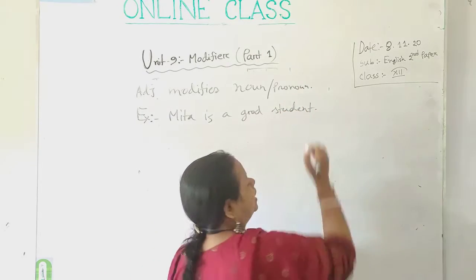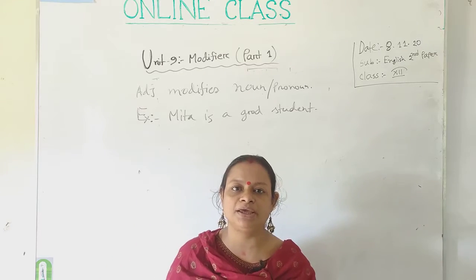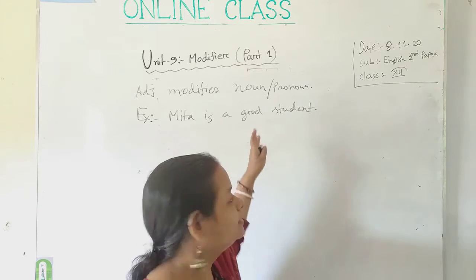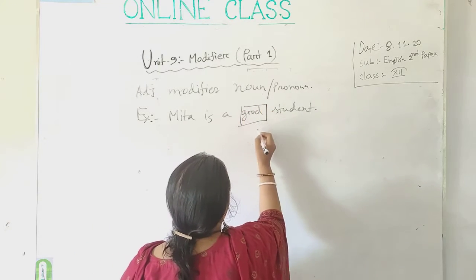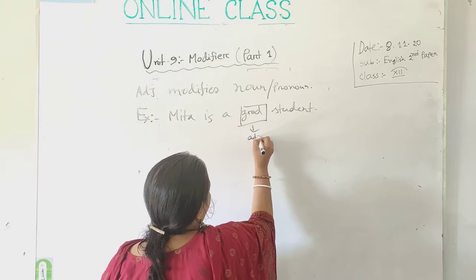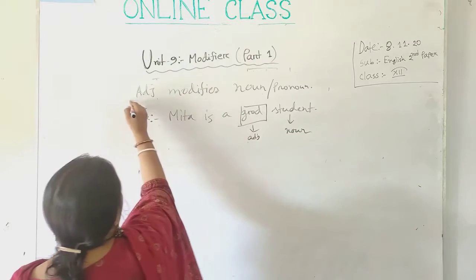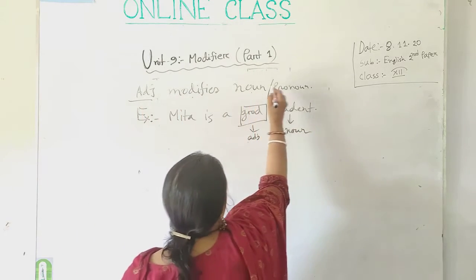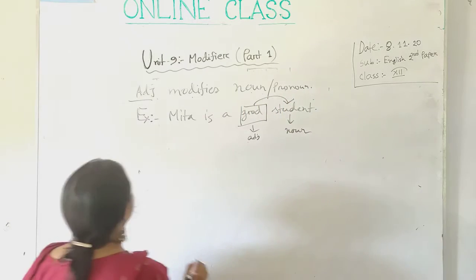You see that I am using the same example again and again to make you understand the item. Here good is an adjective and student is a noun. So, we see that adjective modifies noun or pronoun.